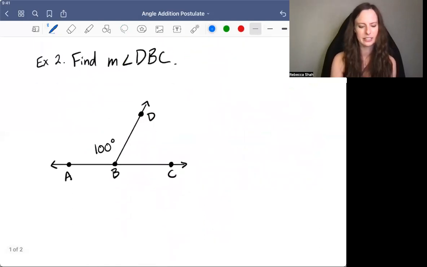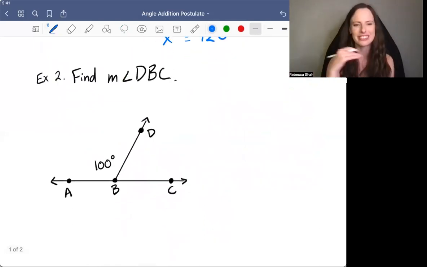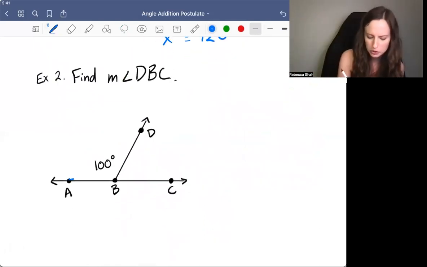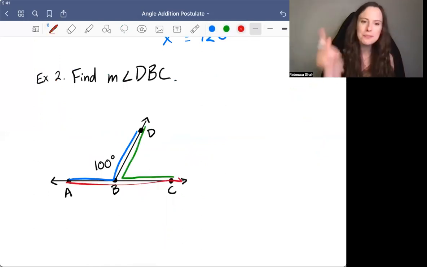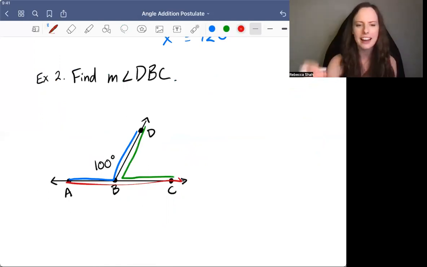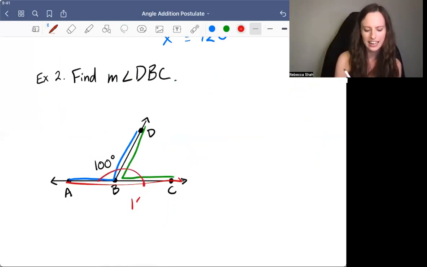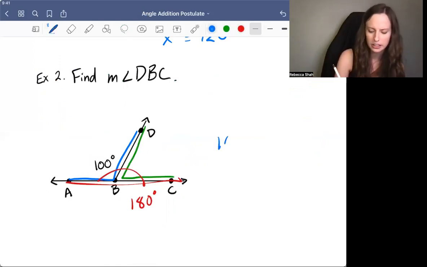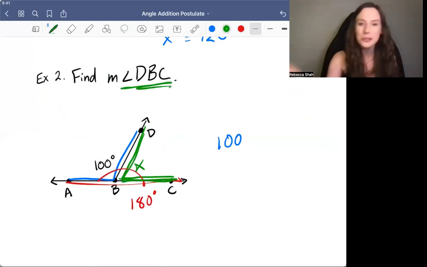All right, let's see another example. Here's an example of that linear pair, where you have two angles that together make a straight line. That means those two angles have to add up to 180 degrees. We know one of them is 100, and the other one, DBC, is this one in green. That's what we're trying to find.